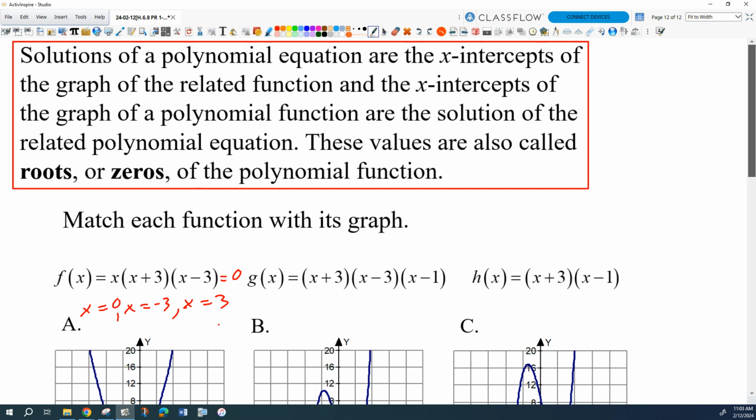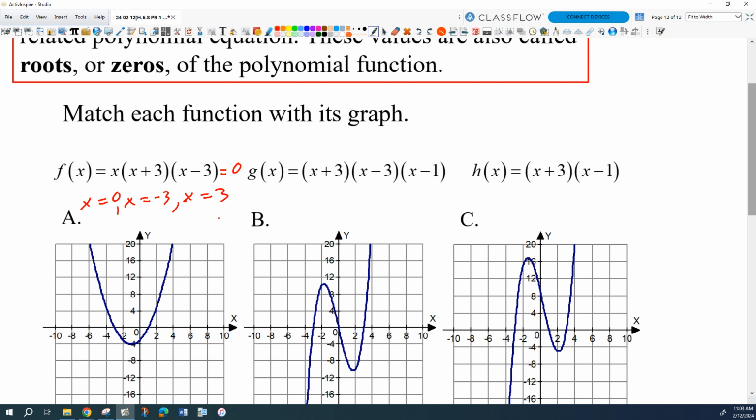Furthermore, if we were to expand this out, we can do the leading term test also. What would the leading term be if I expanded this whole thing out? If I were to distribute that whole thing out, what's my first term going to be? x cubed, right? Everybody agree? Because when I FOIL this part out, I'm going to get an x squared.